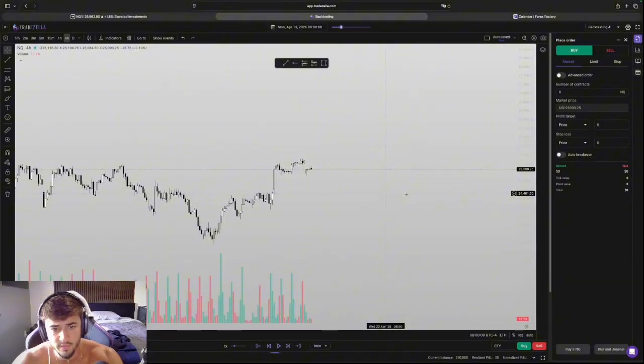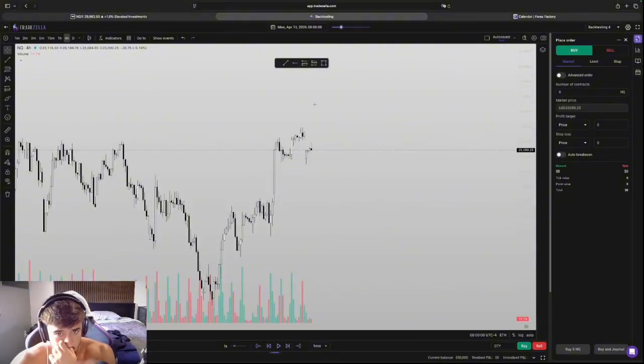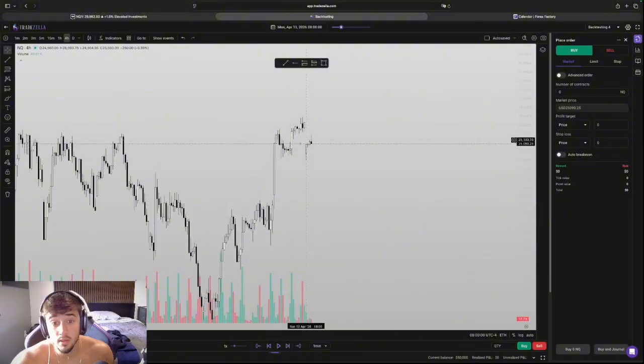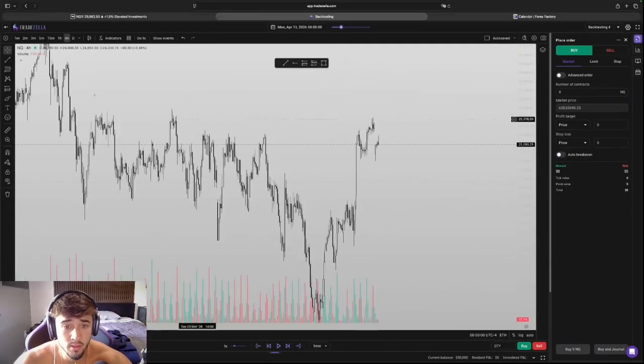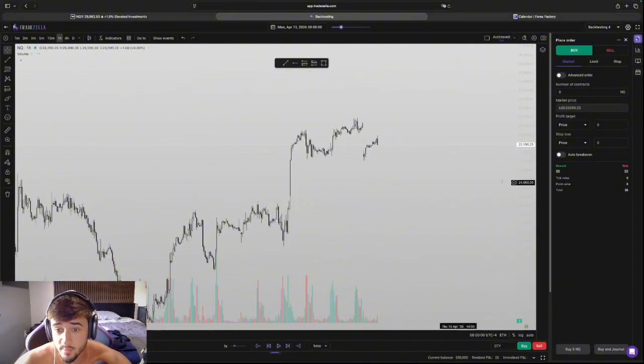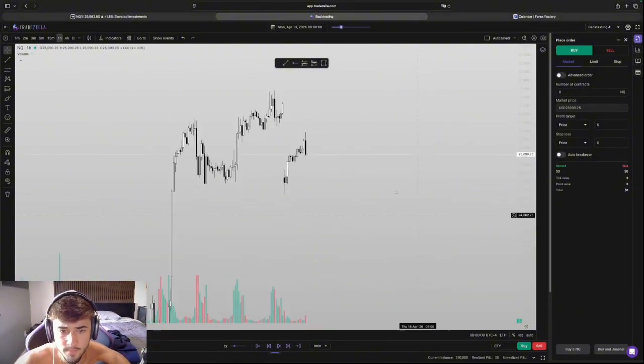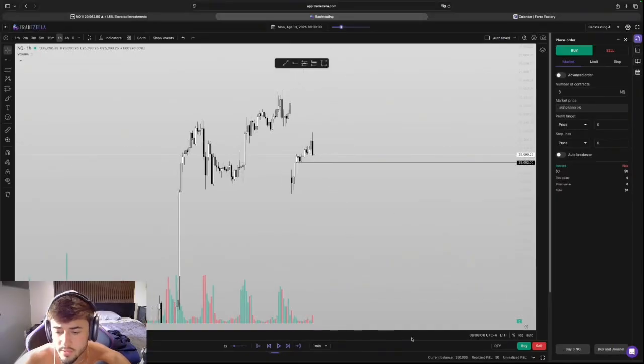Let's see the 4 hour. So we have this weekly gap, which I do expect the market to go and fill, especially because we are in such a bullish trend. Yeah, this hourly fair value gap with these lows as liquidity.